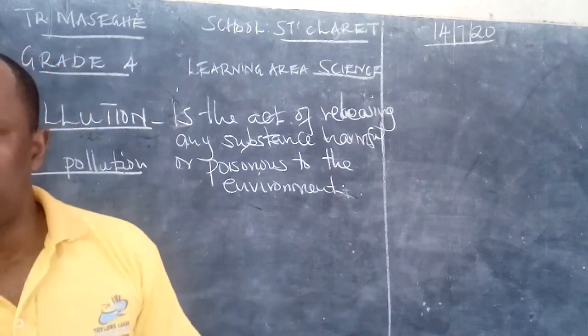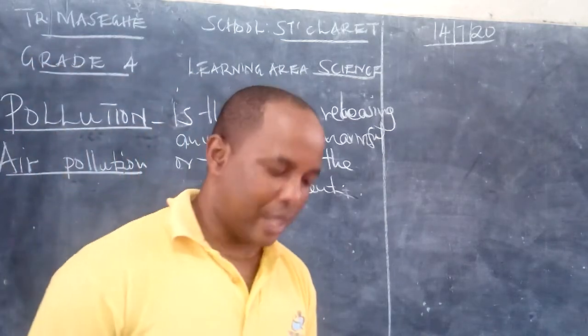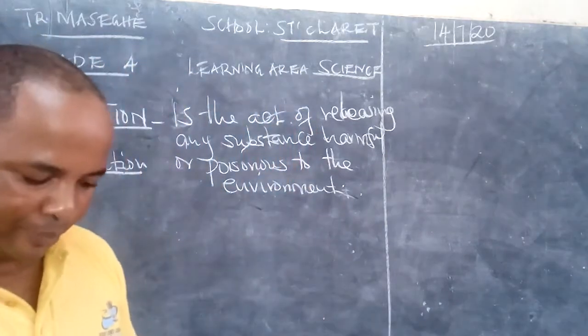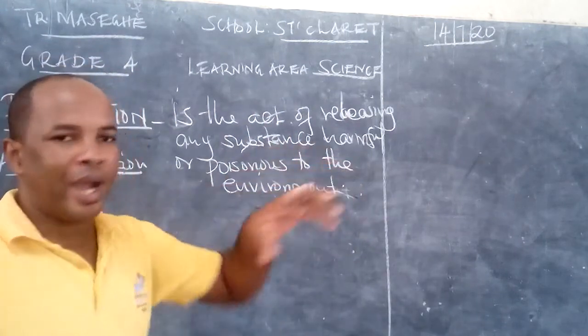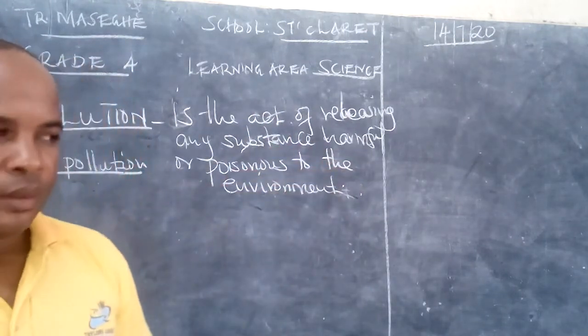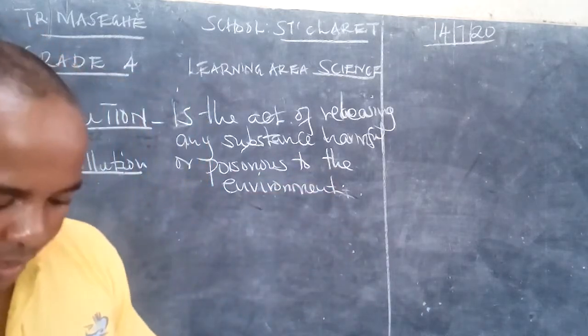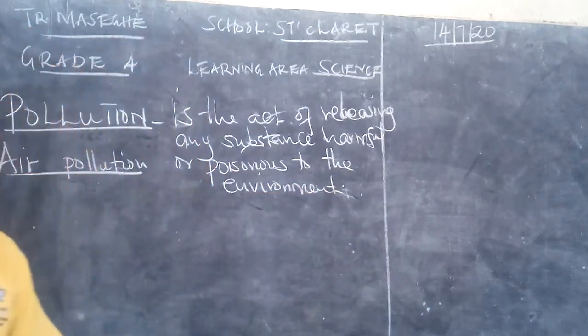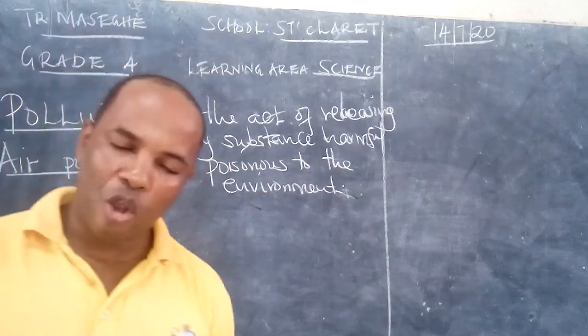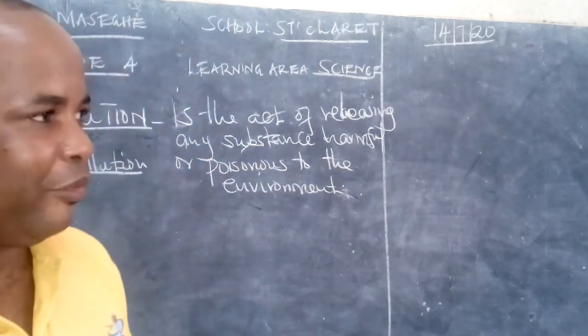So what is air pollution? Air pollution is the presence of materials in the air that cause harm to living things.